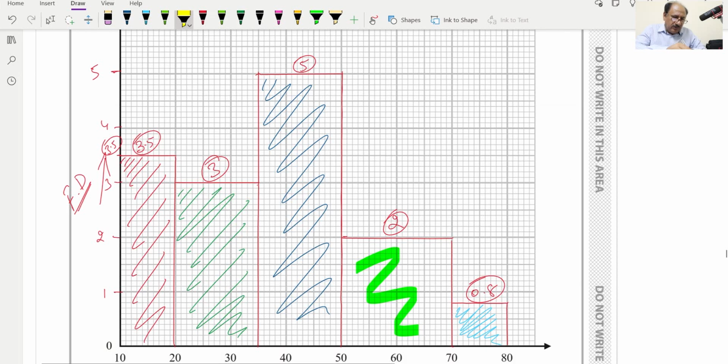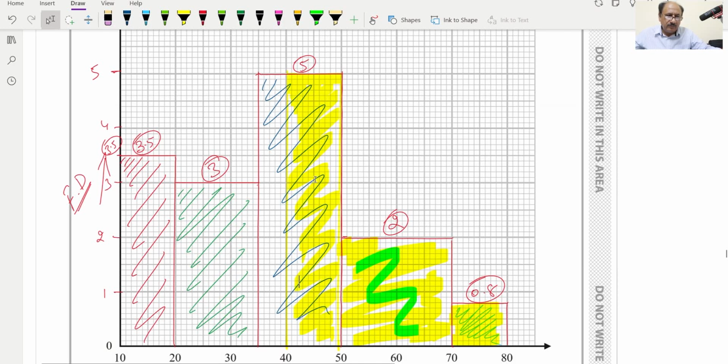If we draw, for example, height greater than 40 centimeter will be this height, and we can basically highlight this one and this whole thing, and we have to check how much frequency it is representing.